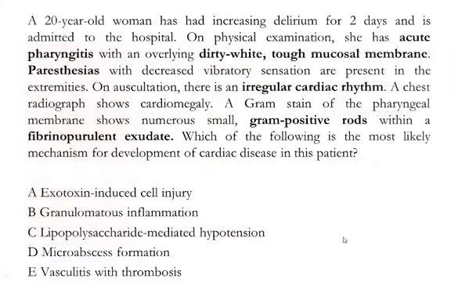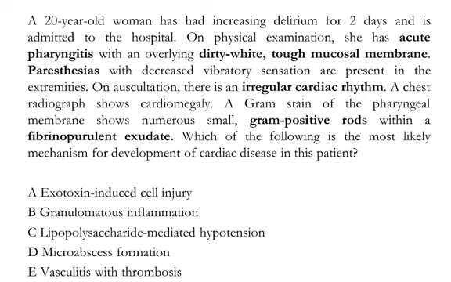Very thick. Let's look at this story. A 20-year-old woman has had increasing delirium and is admitted to the hospital. On physical examination, she has acute pharyngitis with an overlying dirty white tough mucosal membrane.